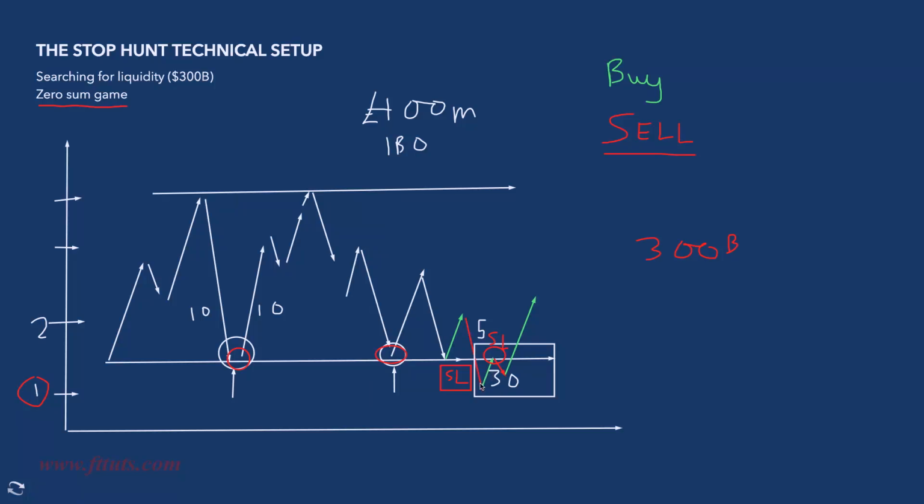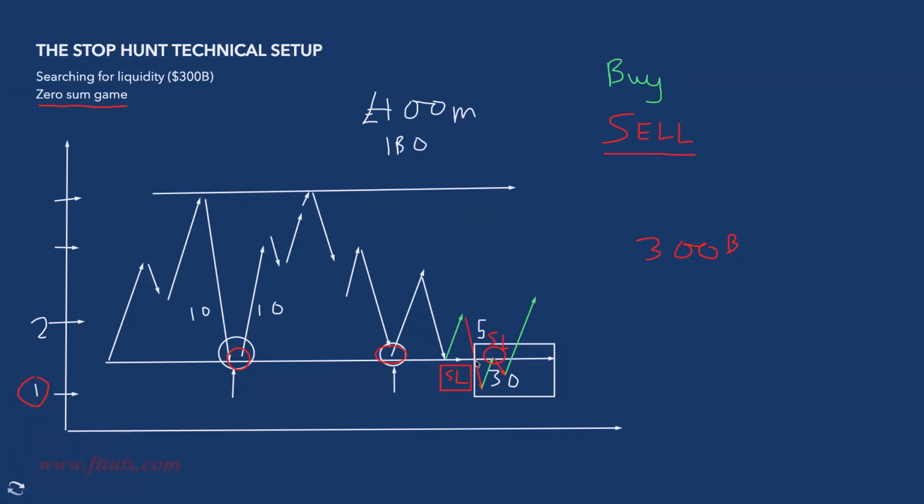How many traders are buying here from a technical analysis perspective? There's not many strategies out there that are going to tell you when prices break a level, you want to be a buyer. They're all telling you to do what? Get short. And even the brokers and their technical analysis courses, they tell you support becomes what? Resistance.